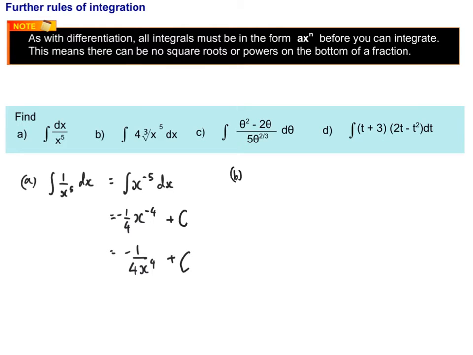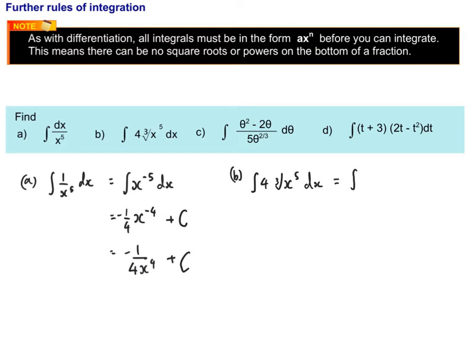Second one, b, is also using our rules of indices. I have got 4 lots of the cubic root of x to the power of 5, and I'm going to integrate that with respect to x. So just like before, I need to rewrite this with a power, get rid of that root symbol.